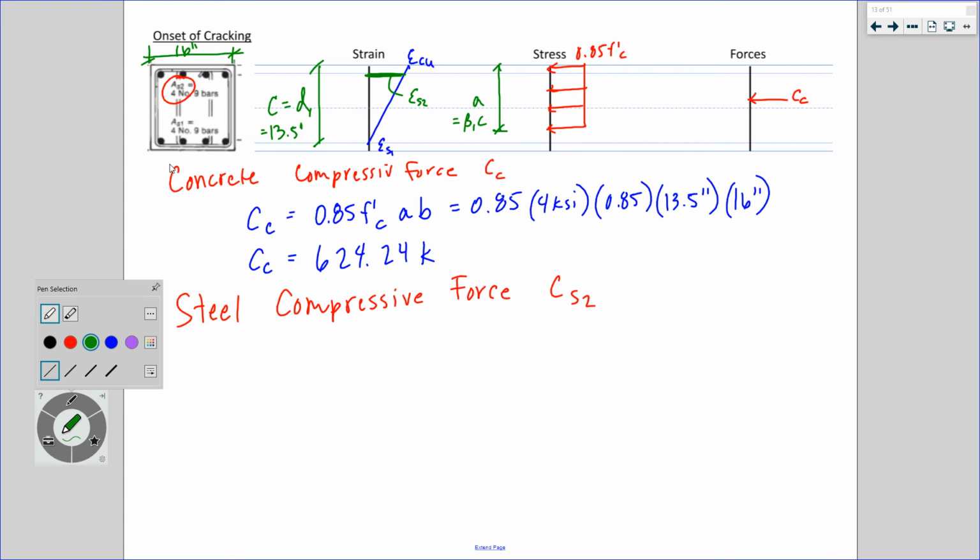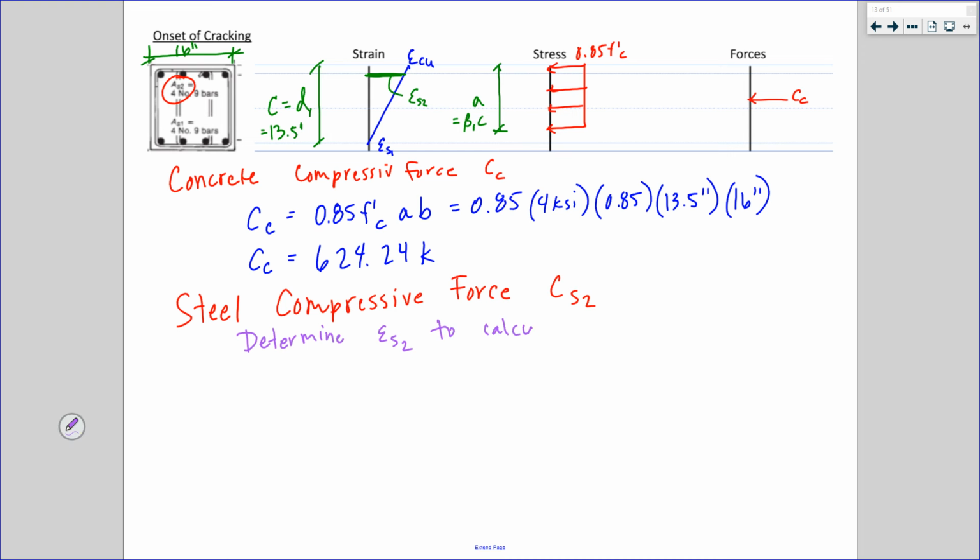So I need to figure out what the strain is so that I can figure out the stress. I'm going to use similar triangles to determine my strain in my compression steel to calculate my stress in that steel.